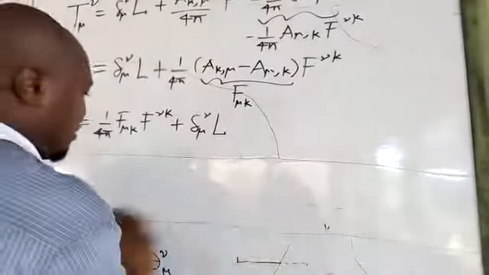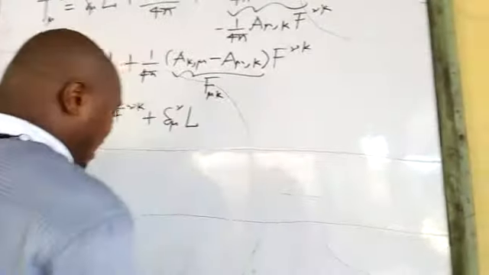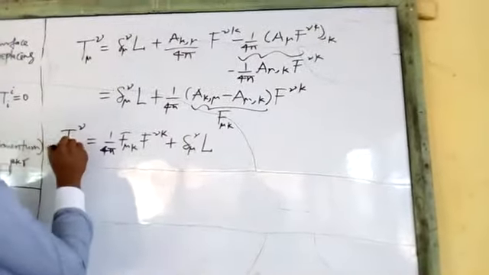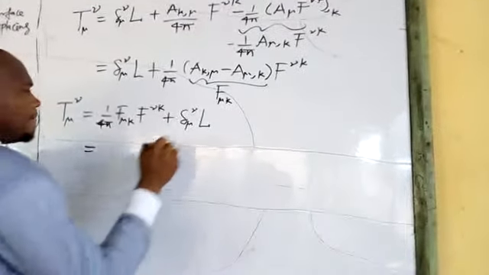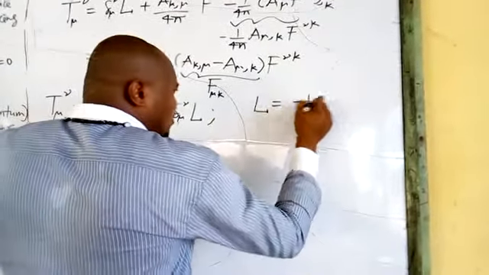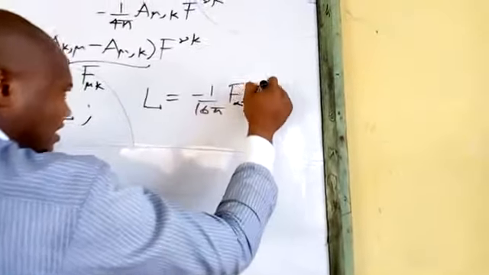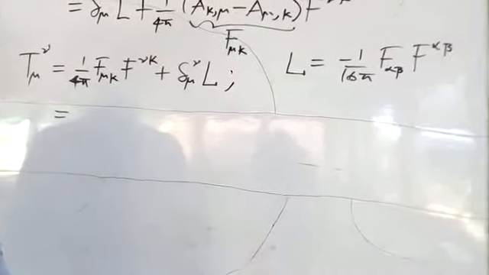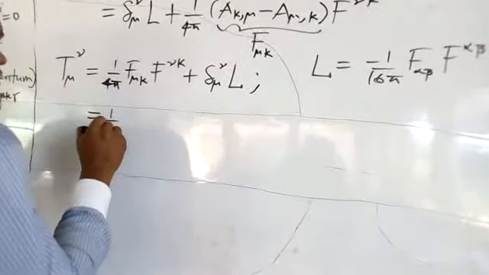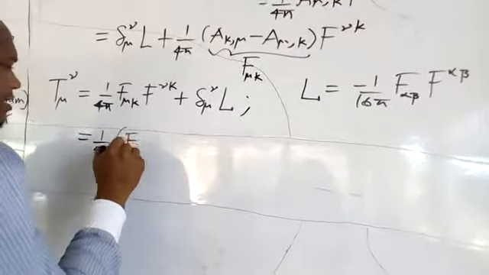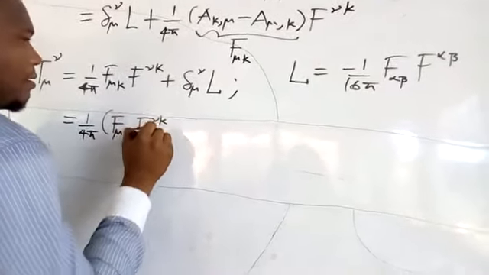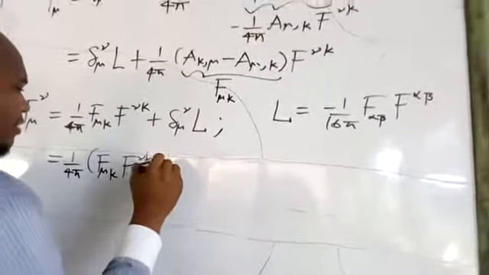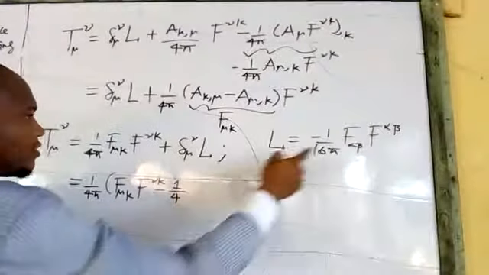But then again, what originally was the Lagrangian? The Lagrangian was the Maxwell Lagrangian, or the Lagrangian of classical electrodynamics, which we have already written in the beginning. This Lagrangian L is equal to minus 1 over 16 pi F_(alpha beta) F^(alpha beta). That was what we started with. So at this point, we can simply write this whole expression as 1 over 4 pi, opening a bracket, F^(mu kappa) F^(nu kappa), minus, because of that, and then again I'm going to have 1 over 4, because then the 4 will multiply this to give me 16.